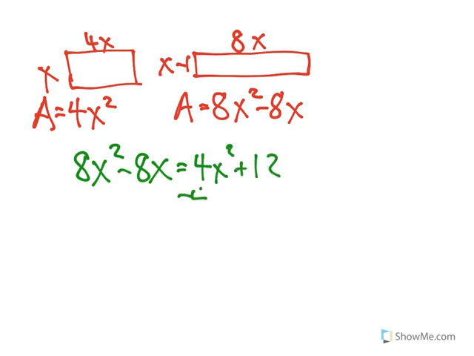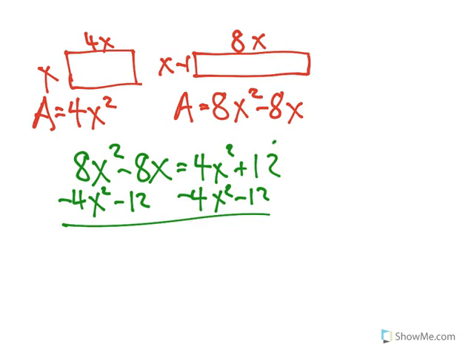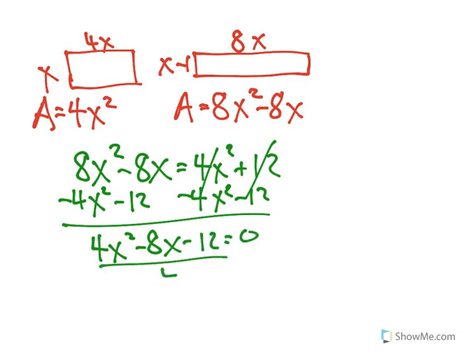So again, as always, I'm going to move my terms here. Now I'm looking at 4x squared minus 8x minus 12, and I am not going to even think about using my 5-step method until I look for a common factor, which I can tell right away is 4. So x squared minus 2x minus 3. That should be a nice easy one to factor.